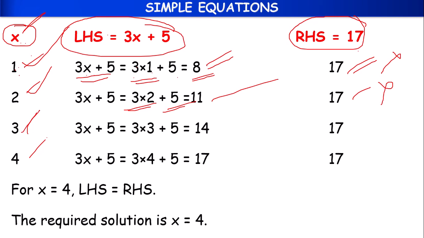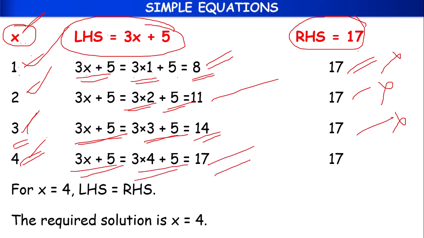Let's try with another value because we are getting error. So 3x plus 5, 3 into 3 plus 5, 14, but RHS 17, not true. Let's try with 4, 3x plus 5, 3 into 4 plus 5, 17, RHS also 17, true.